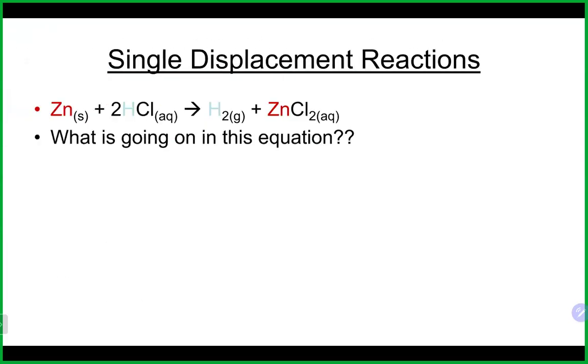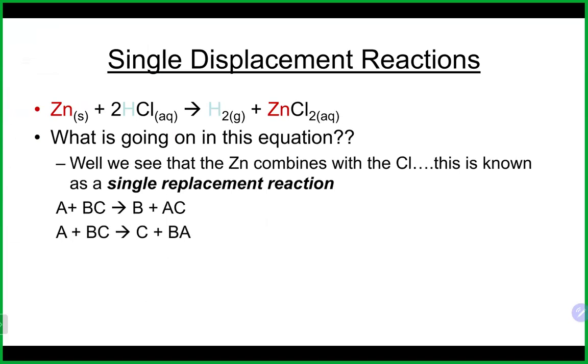Another type of redox reaction is a single replacement reaction. Again, this also falls under the big category of redox reactions. And in this case, you basically have one thing and an ionic compound. So you've got something that's ionic. And if this is a metal, it will have no charge to begin with.